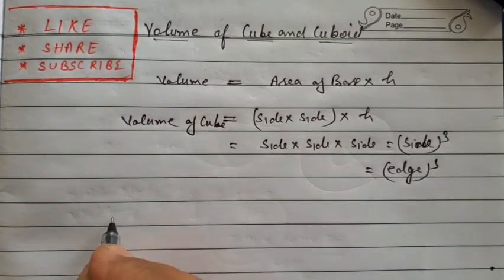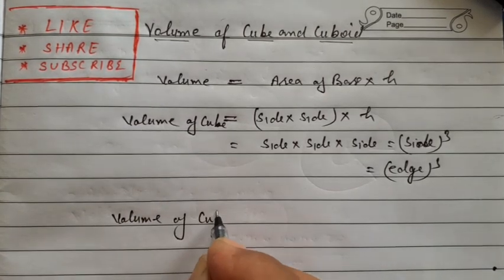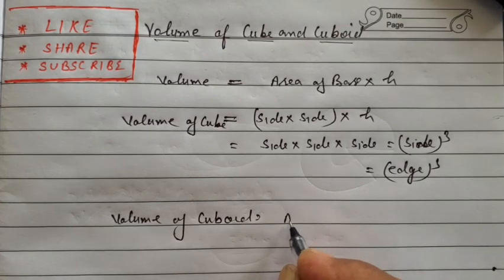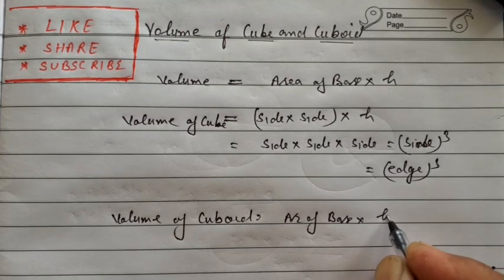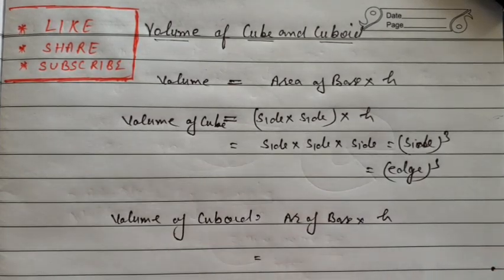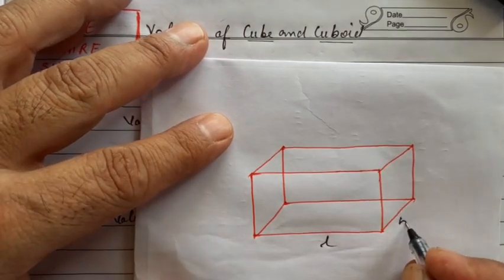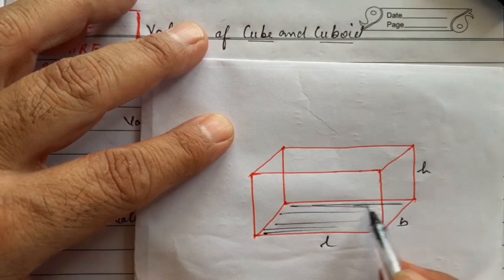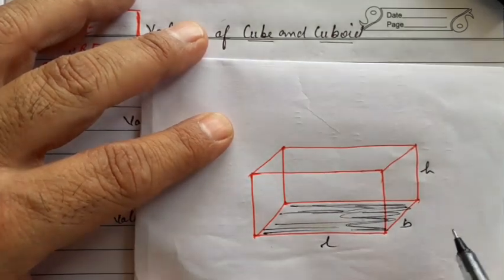In a similar way, volume of cuboid is also area of base into height. Here is a cuboid, its length, breadth and height. So base is this, so area of this base into height, so length into breadth into height.